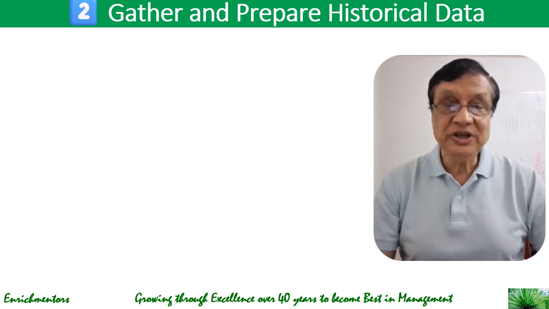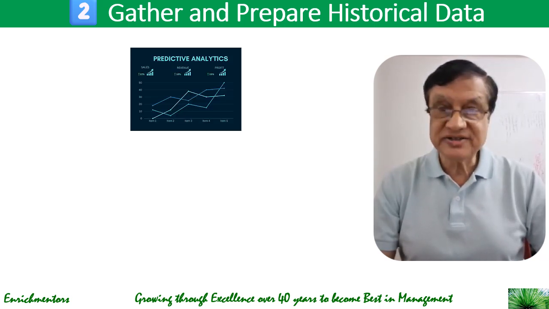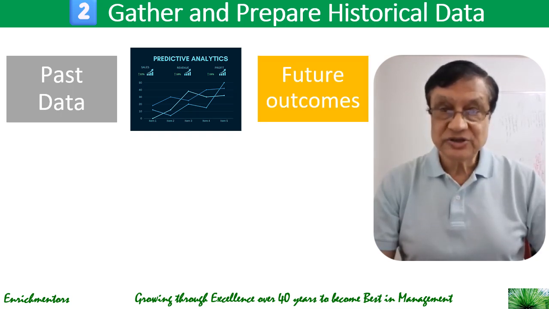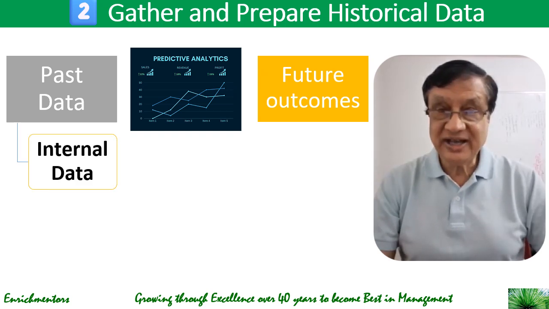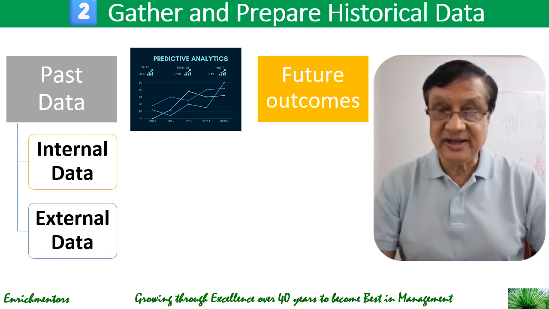Once you have defined that, you need to gather and prepare historical data. Predictive analytics needs past data to forecast outcomes, right? So you need past data which you can use in predictive analytics algorithms to predict the future outcomes. For that, you need to collect internal data like sales history, cost, customer demographics, marketing spend, as well as external data like market trends, competitor actions, economic indicators.